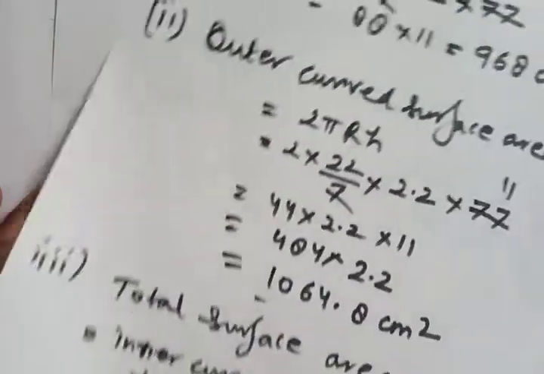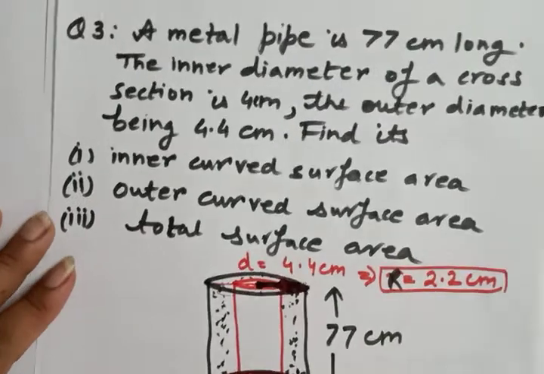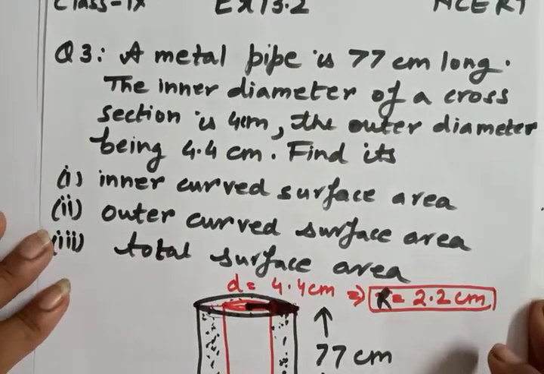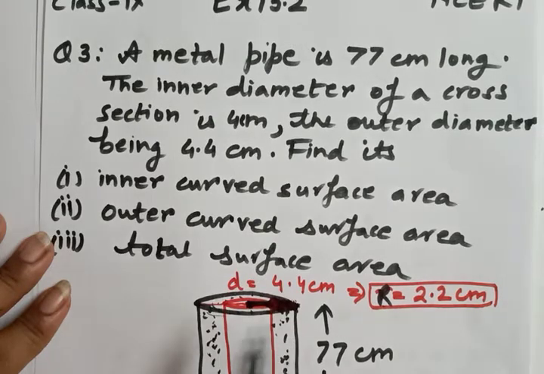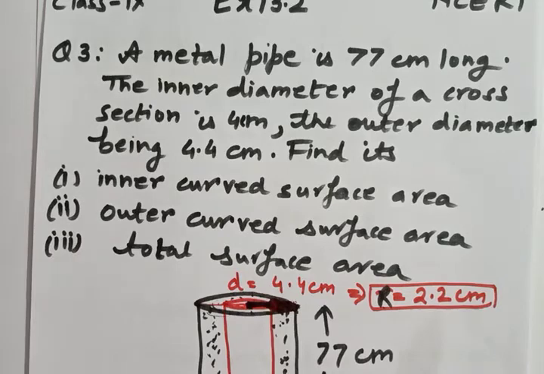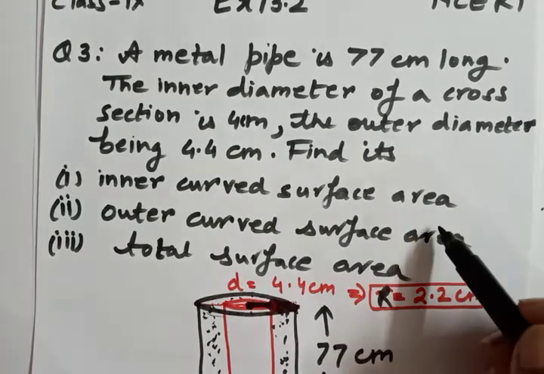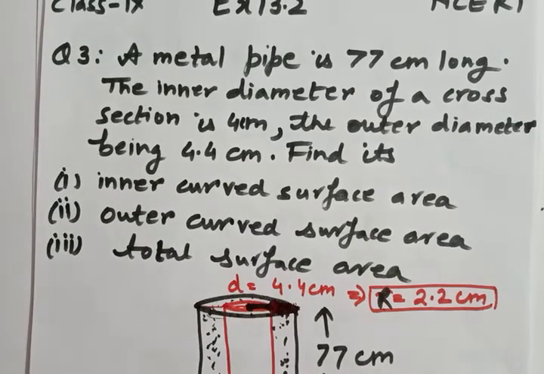This question is important, and what students find difficult, the most common error that students make, is when they find the total surface area. What is the most common error they are doing? They simply add the first part and the second part, and they think that they have calculated the total surface area.